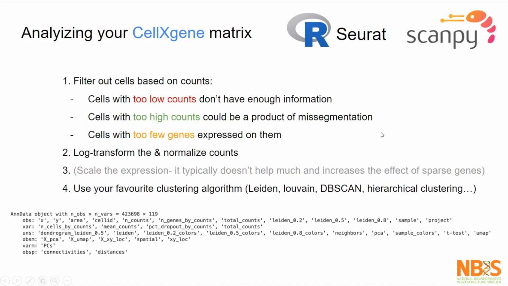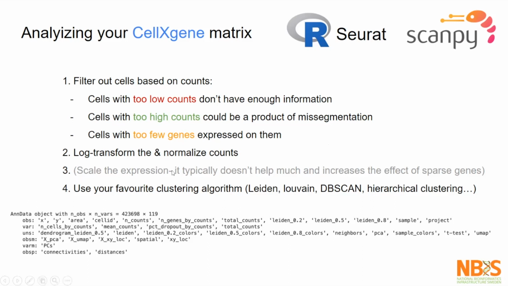So after filtering, in a similar way as we did in single cell RNA-seq, we would log transform our data and normalize the counts, followed by a scaling of the expression.